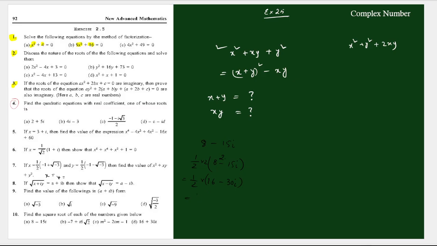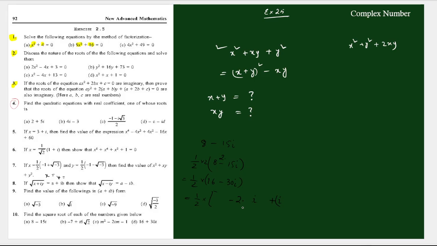Find a, find b, what can come. Here there is 30i, so this will be your 2 into something plus something, and a will be greater than b. Something plus i square, something i square will be there.